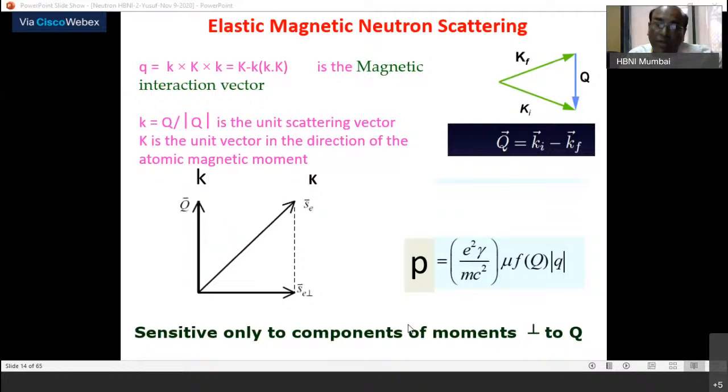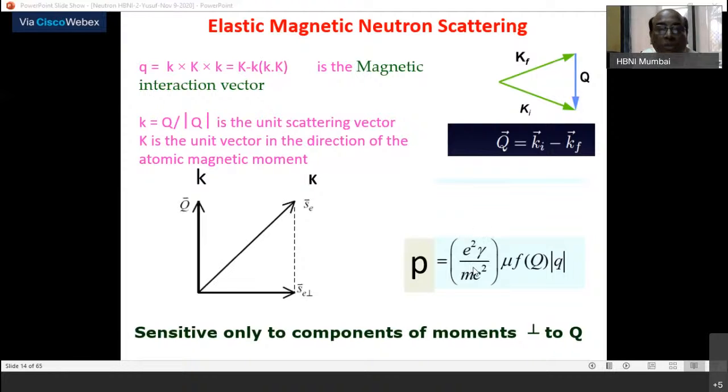Fine, but then you have no control on that from outside. The fact is that from the inherent theory of magnetic neutron scattering, only the perpendicular component comes. Now you can play with this perpendicular component. So how do you do that? You can apply a magnetic field, and then you can rotate this direction by some means. So that means it is a handling parameter. That is the advantage rather, not disadvantage.